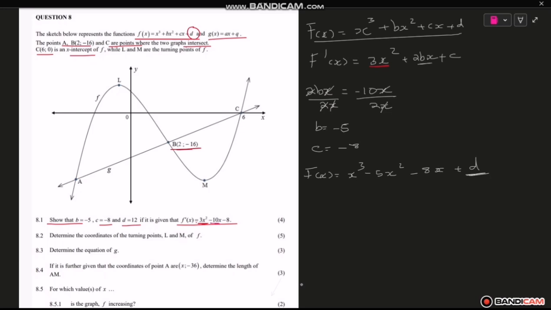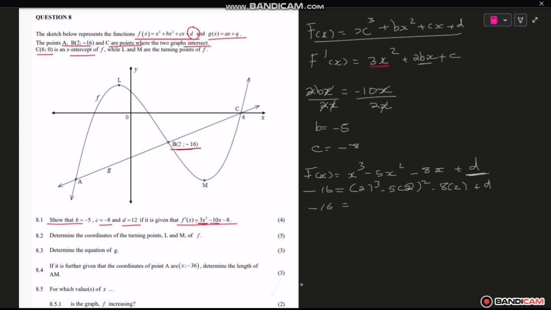Then we can actually take that point and substitute it on the graph of f. Therefore 2 cubed minus 5 squared minus 8 into 2 plus d. Then you can punch your calculator and make d the subject of the formula, meaning we're going to have, let me just use my calculator here.